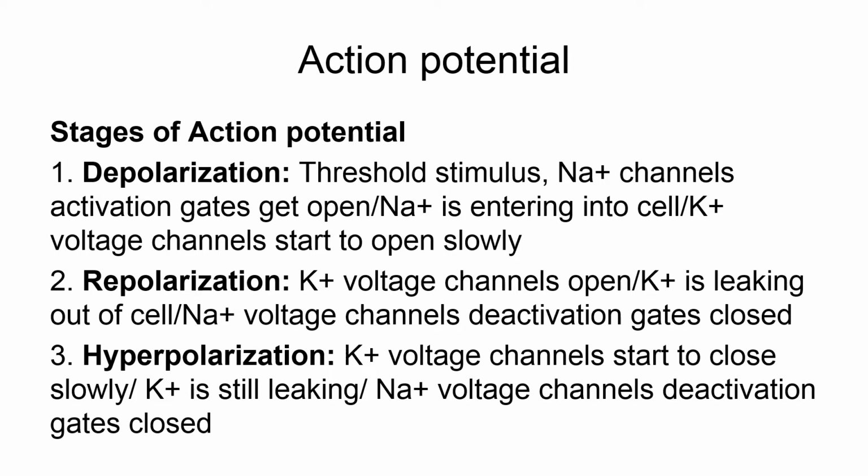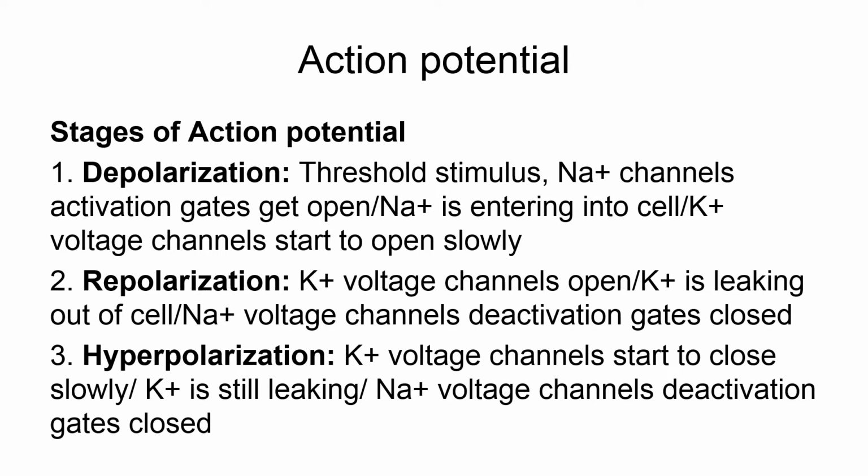So we define action potentials as brief, rapid, large changes in membrane potential during which the potential actually reverses, so that the inside of the excitable cell transiently becomes more positive than the outside.